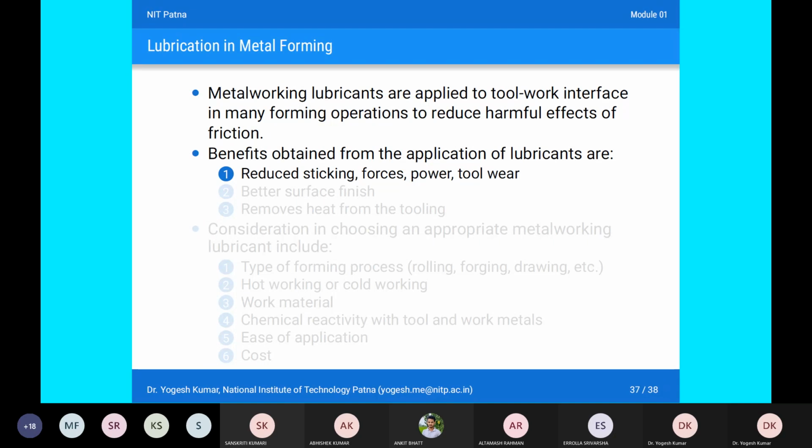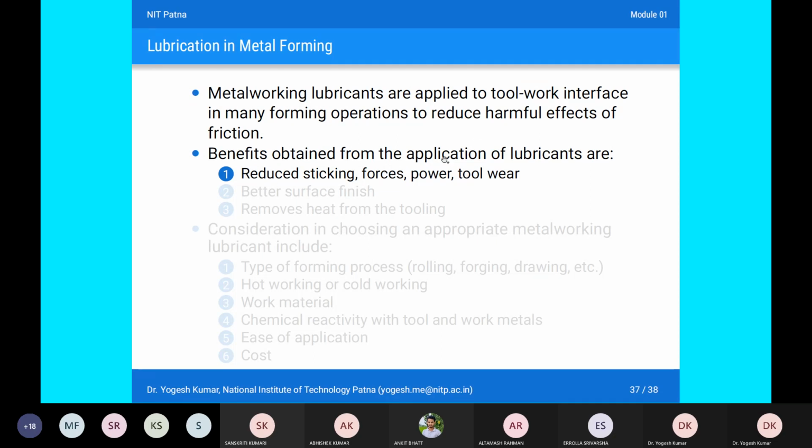When these two surfaces are lubricated by a suitable lubricant, the chances of the two surfaces adhering will be reduced, and since the opposing force is reduced, the force required to deform the material will also decrease.